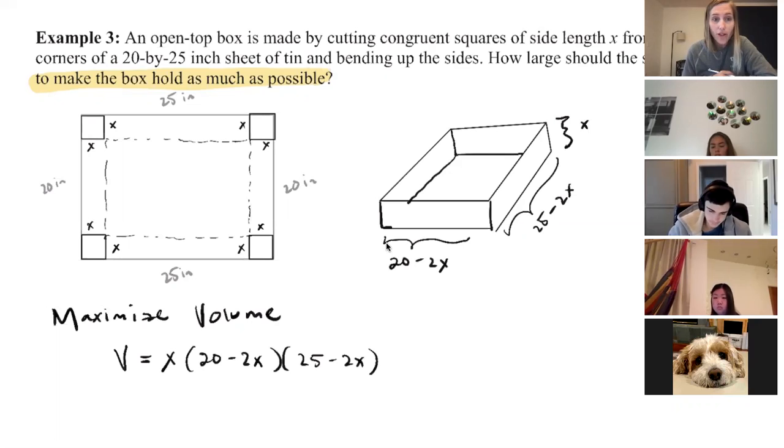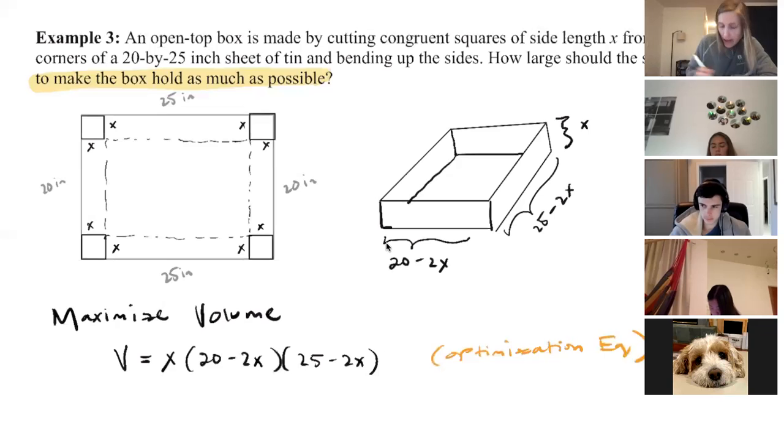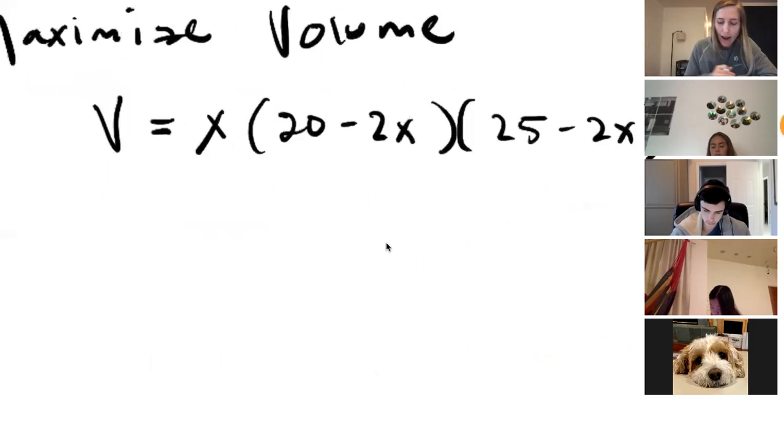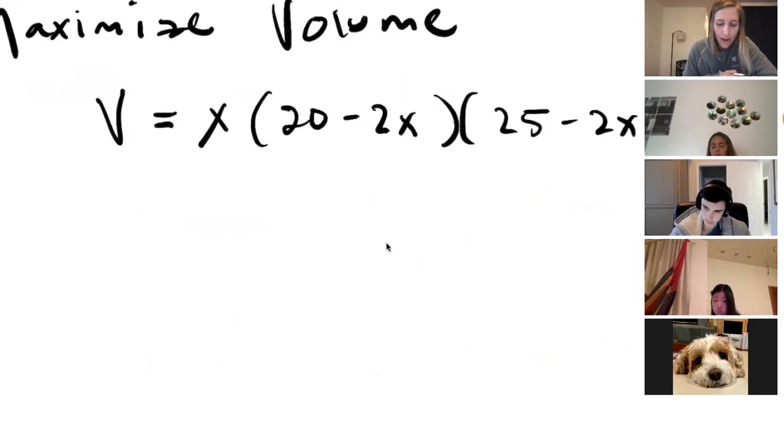Our volume equation, our optimization equation, is written in terms of a single variable. So we don't need a secondary equation for this problem, which is nice. What we do need to do is multiply this out to find the derivative.